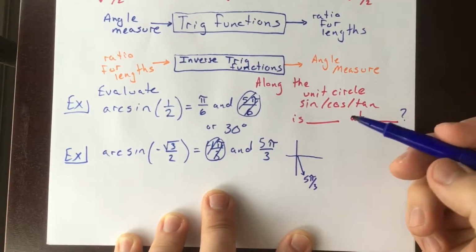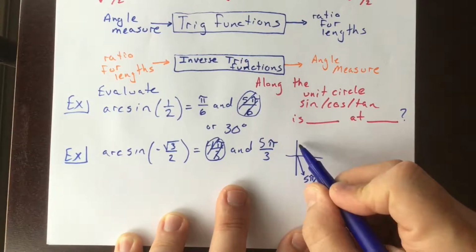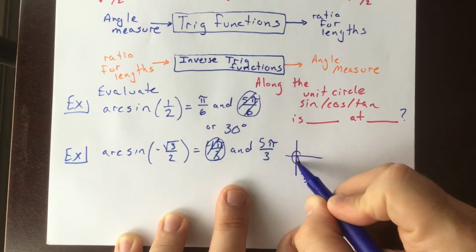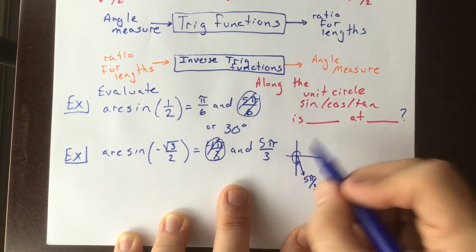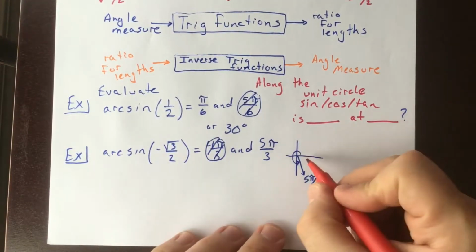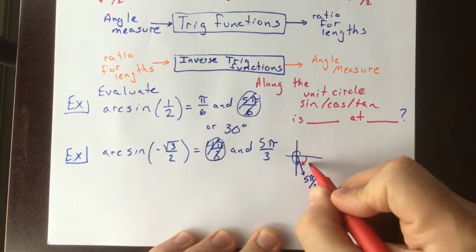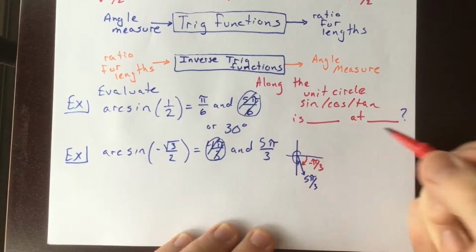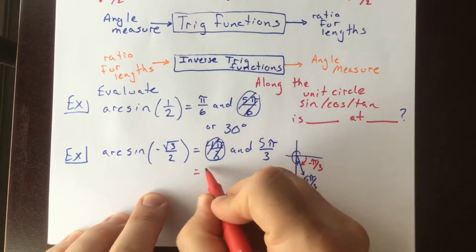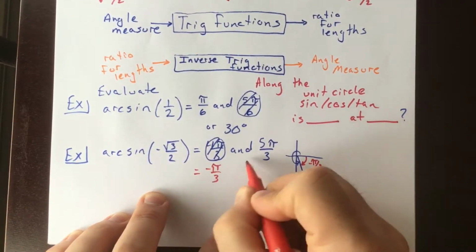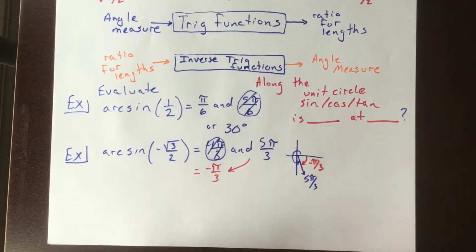Okay? So that's going around this way. So thinking of coterminal angles, we're looking at really a negative pi over 3 angle measure. So again, the importance of knowing coterminal angles and knowing the quadrants angles are within.